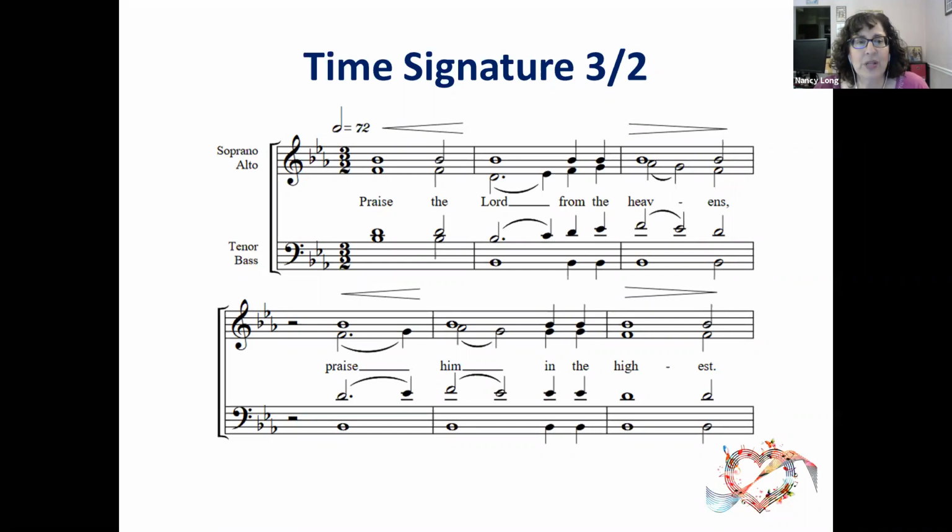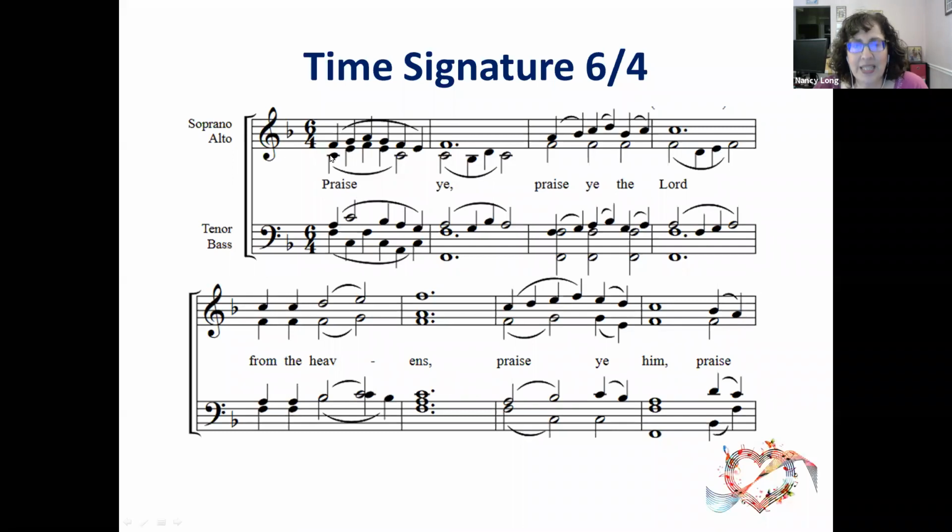But it's cut up differently. This one is cut up into 3 half notes, where this one is cut up into 6 quarter notes, even though it's essentially the same 6 pieces of pie. It's just cut into 6 instead of cut into 3.